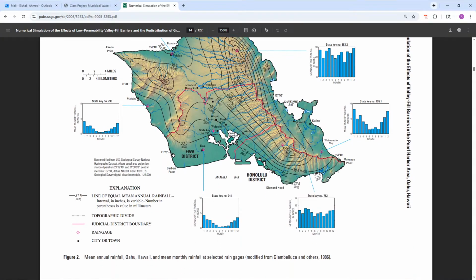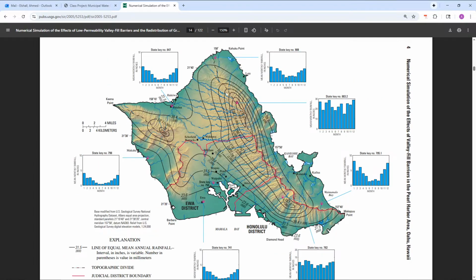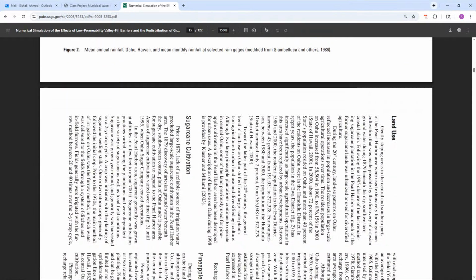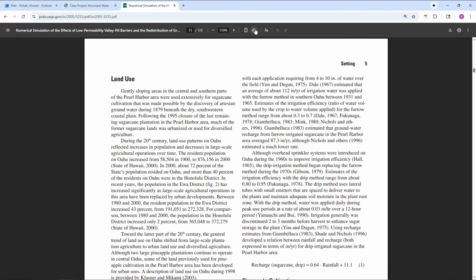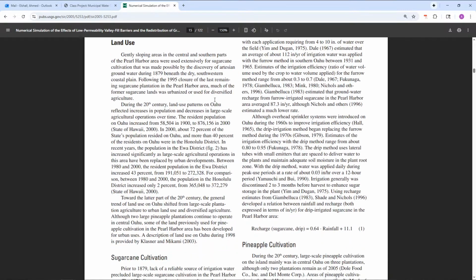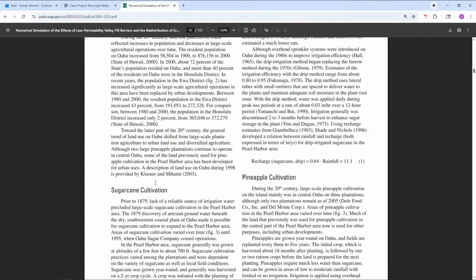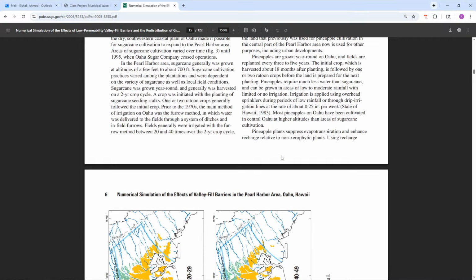See this figure, mean annual rainfall. Here is a map of the rainfall. Remember, we talked about this. Then here about land use, the different land uses like sugarcane cultivation and pineapple cultivation.